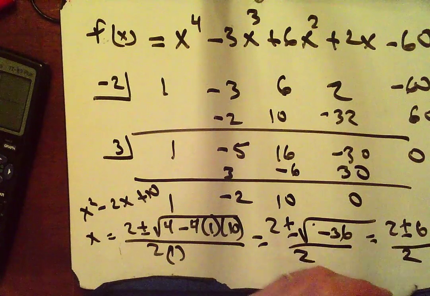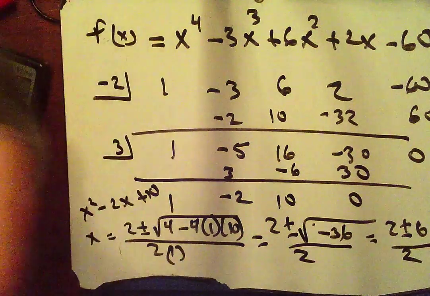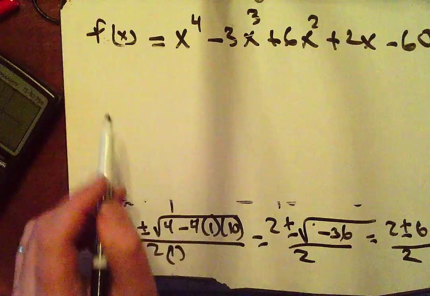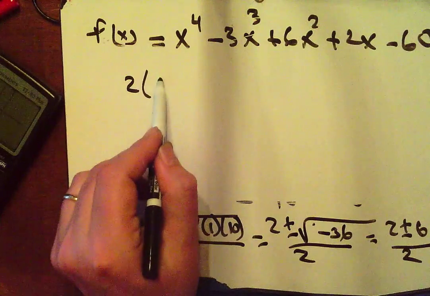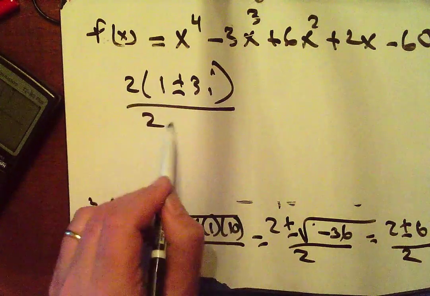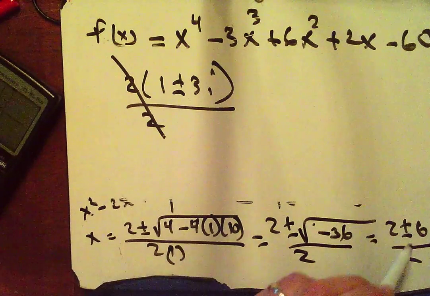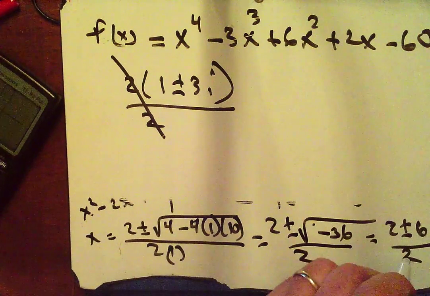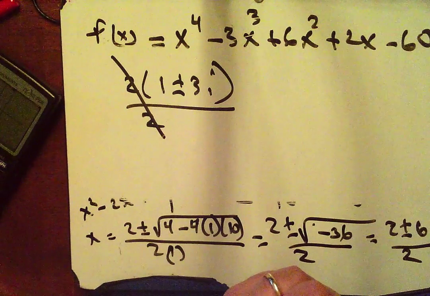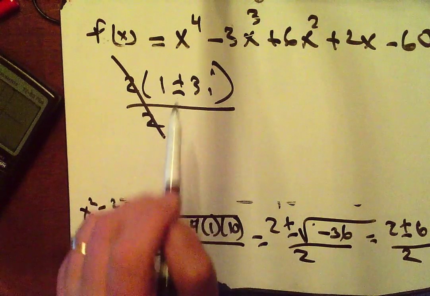Do not cancel those. Listen, pay attention. Oh my goodness, stop it with that. I can take a 2 out of the top and have 1 plus and minus 3i over 2 and then cancel. I can cancel a 2 and a 2, but I can never cancel just like that. Okay? So these are zeros.